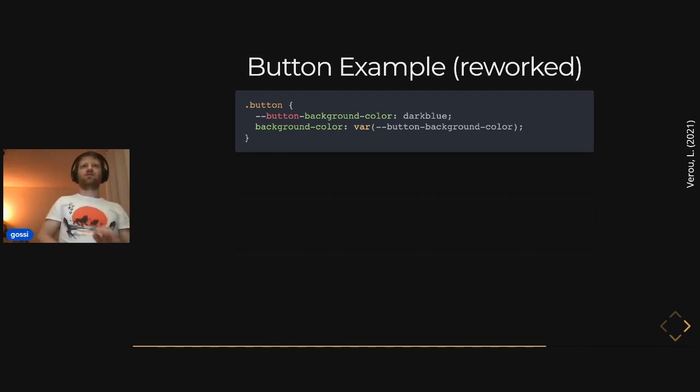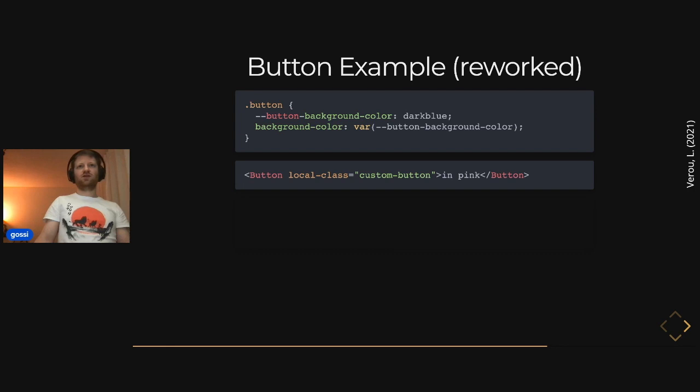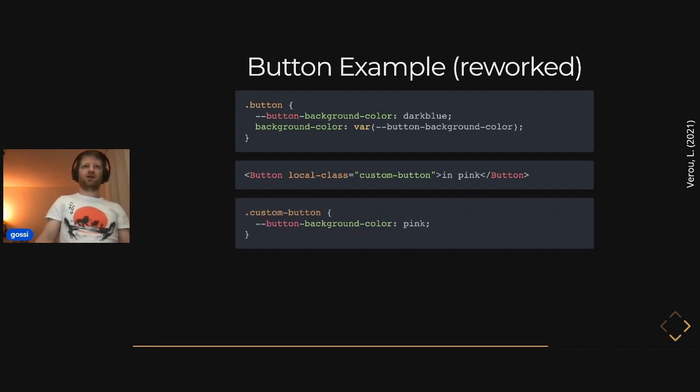We set it to dark blue, and then we use the custom property as our background color. Same as here, nothing changed. But for our customization, we no longer change the background color attribute directly. We only change the CSS custom properties, so kind of like an input parameter to our component.